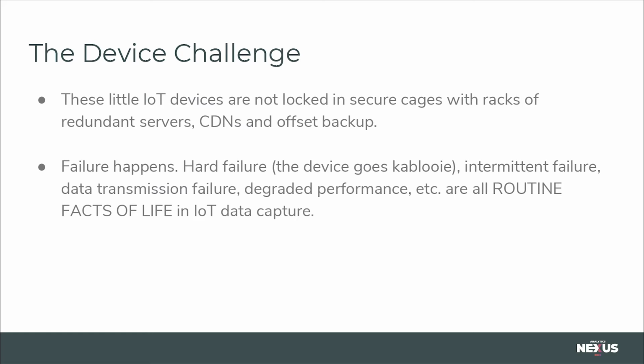And particularly if your models are dependent on real-time data, that's going to be fatal. So as you think about IoT and analytics, just thinking about the fact that these devices are out there, they're going to fail, and that failure could come from anything from absolute device failure to the device just not being able to send you stuff. That's really important to take account of.